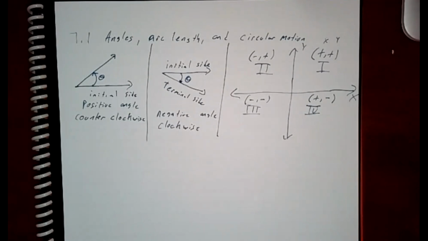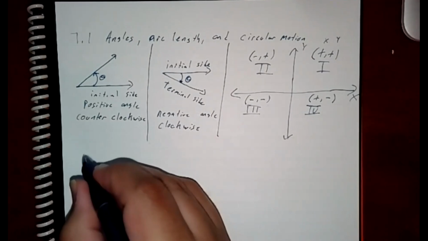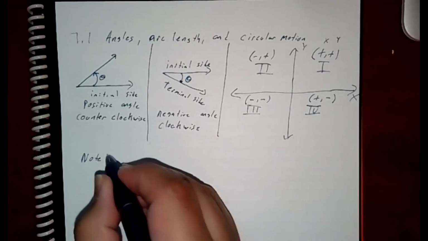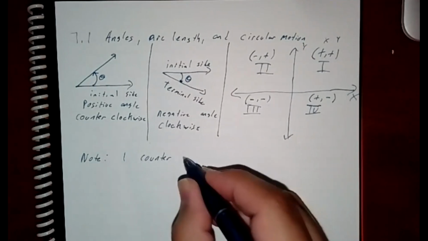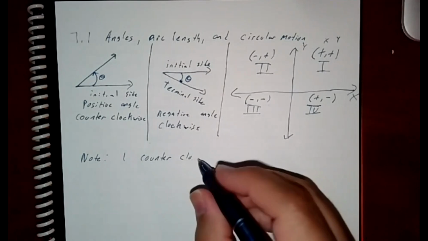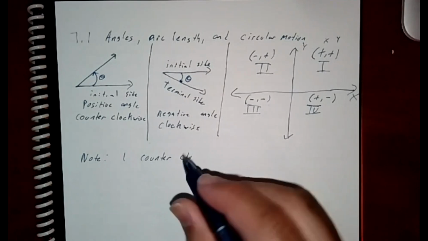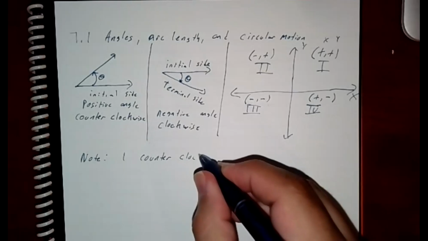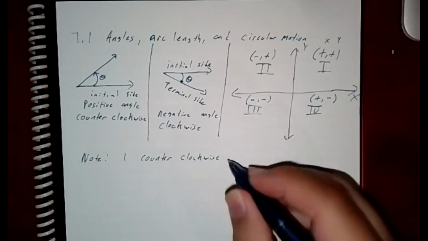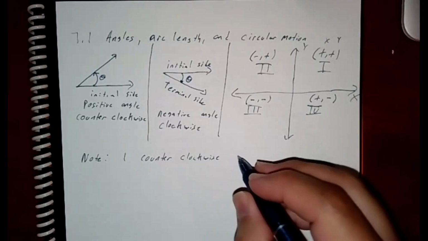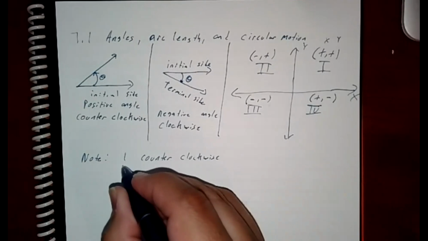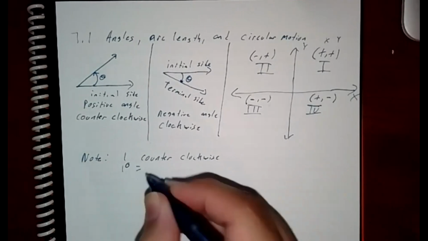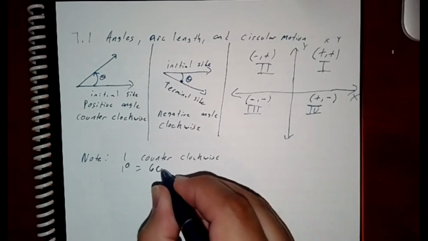All right, things we're going to need for the future problems. Here are some extra formulas. One degree is equal to 60 minutes.